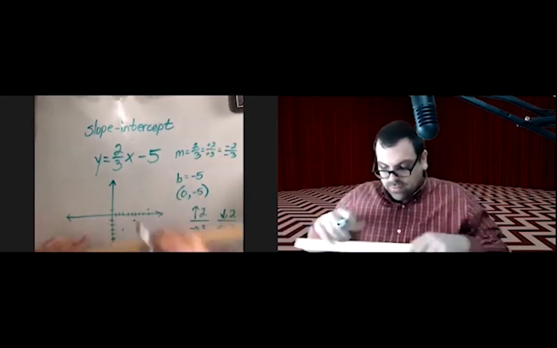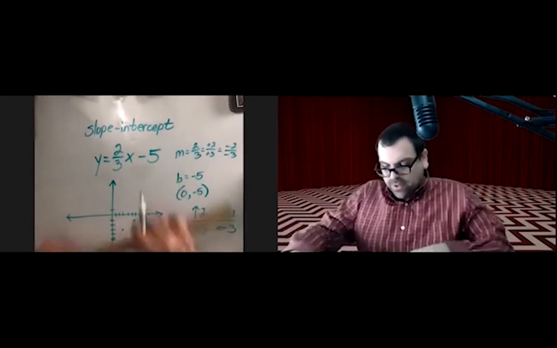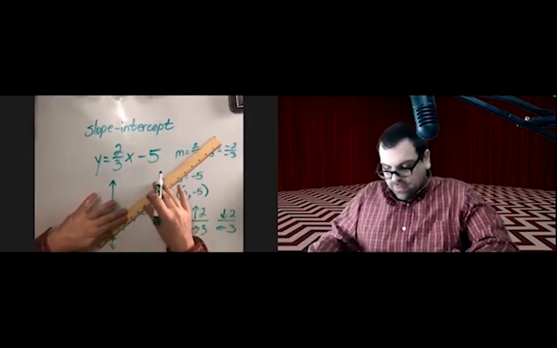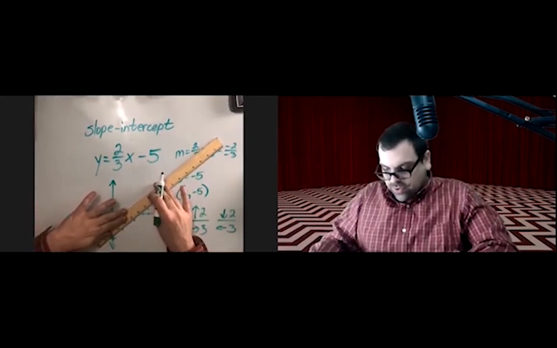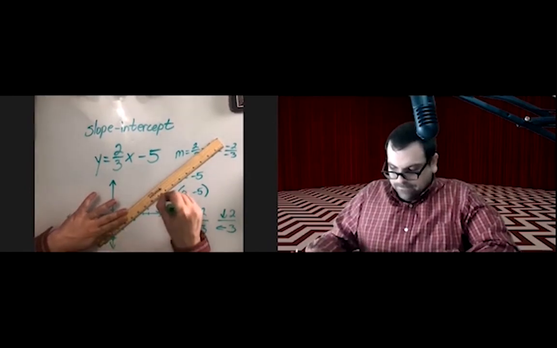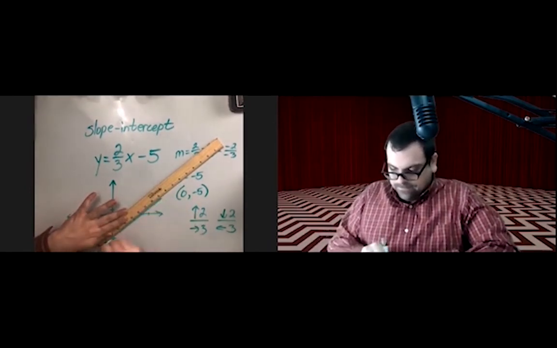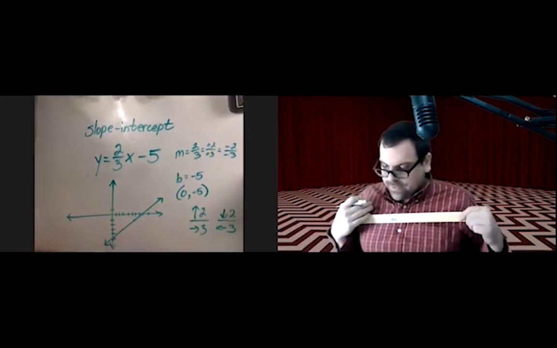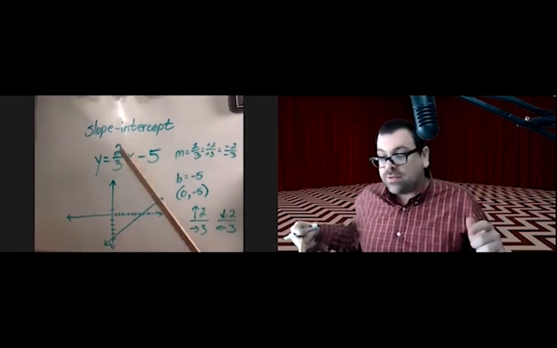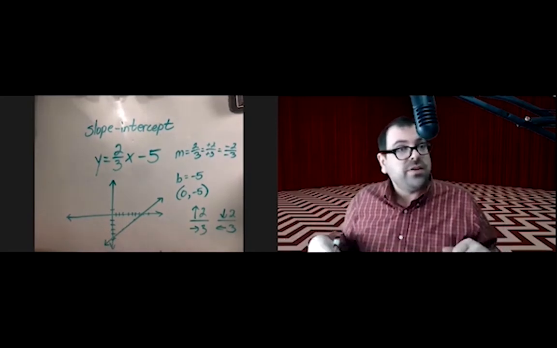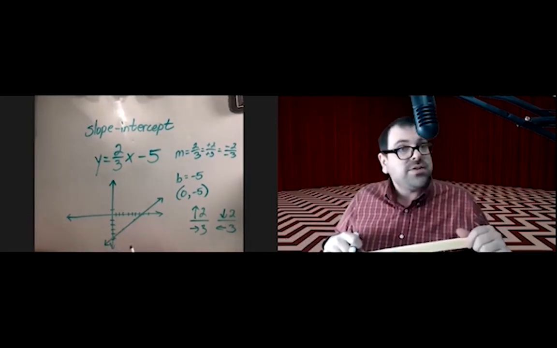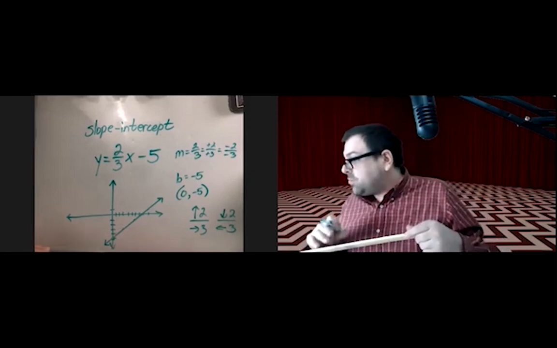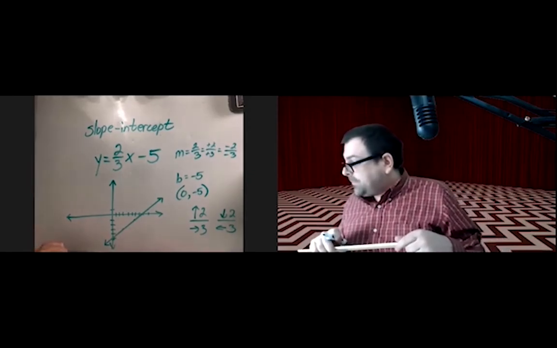But really, once we have that second point, we don't need any more than 2 to draw our line. So with just slope-intercept form, we can graph the line: plot the y-intercept, draw the slope off from there.